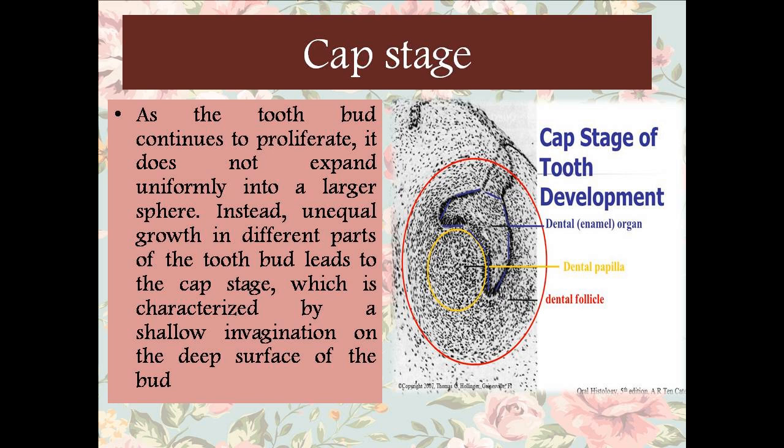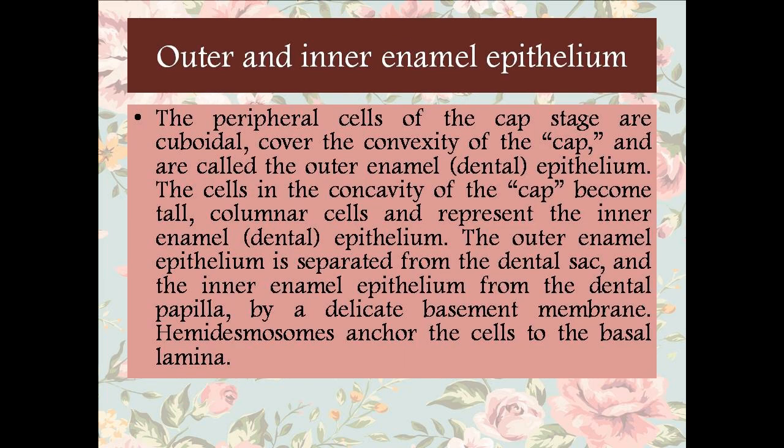In this stage, you will see the outer and inner enamel epithelium. The peripheral cells of the cap stage are cuboidal, cover the convexity of the cap and are called the outer enamel epithelium. The cells in the concavity, that is on the inner side, which will line your ectomesenchymal cells, that is your future dental papilla, are your inner enamel epithelium, which consists of tall columnar cells.